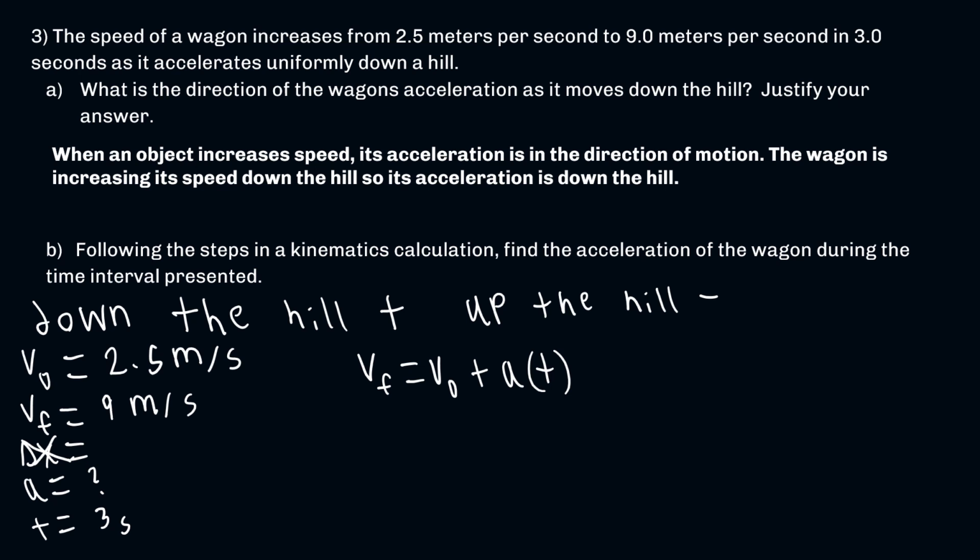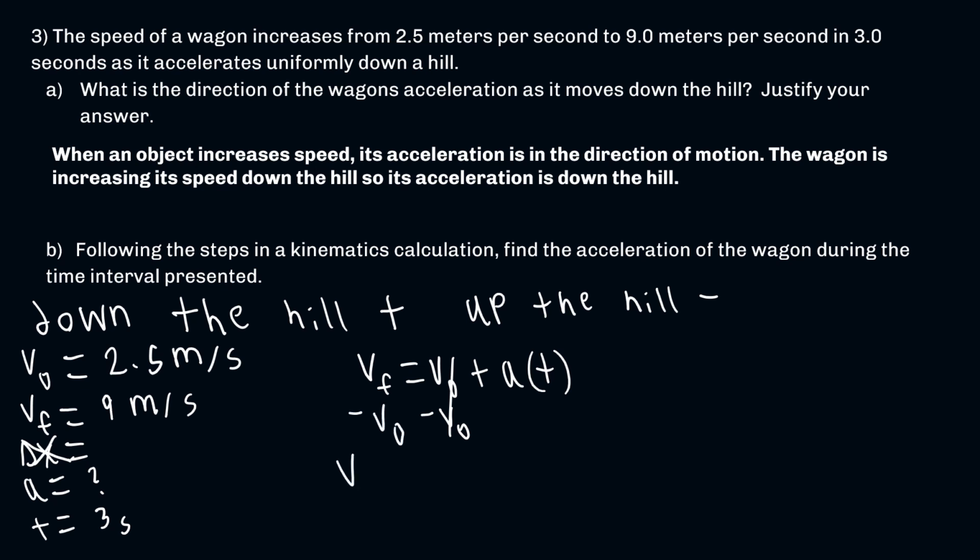Again, I want to start by solving for my acceleration algebraically first, and then plugging in. I have V naught plus AT, so my initial velocity is attached to A times T by addition. I'll do the opposite and subtract V naught from both sides of the equation.